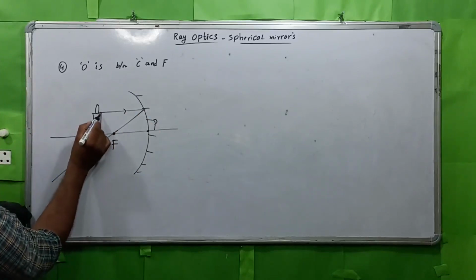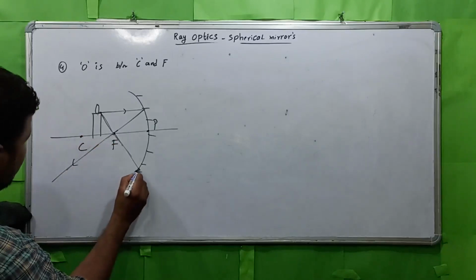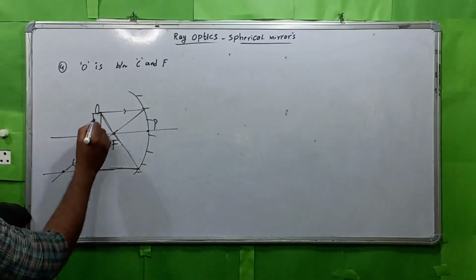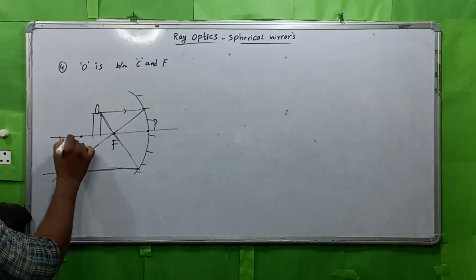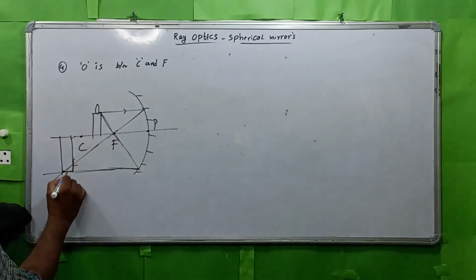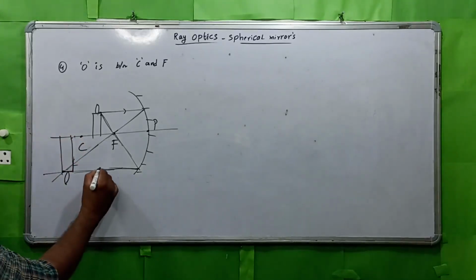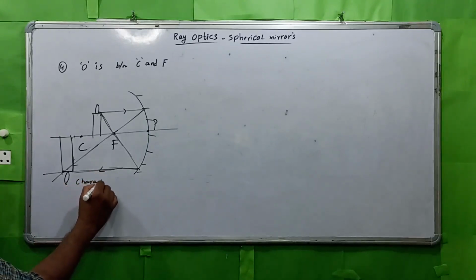If any light ray moves through focus, after reflection it moves parallel to the principal axis. I got this edge here, so image is formed here. If you observe, image is magnified. Image I got.